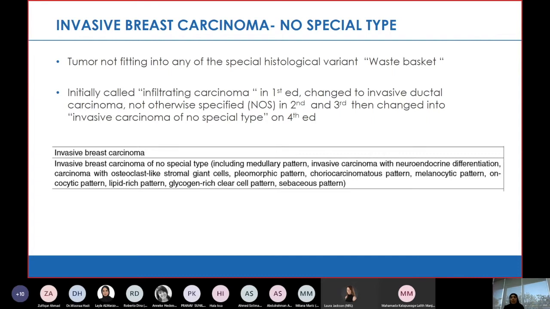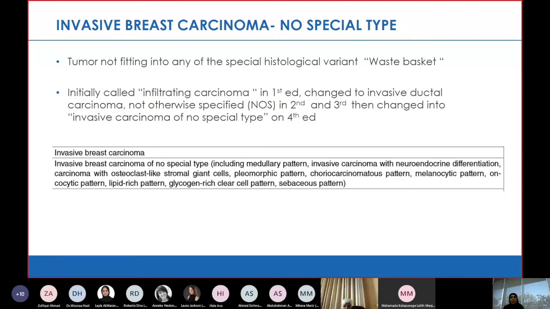When I recently changed to invasive breast carcinoma, no special type, I used to get phone calls from colleagues asking me where is the histological type. But I told them this is exactly what we used to call invasive ductal carcinoma, NOS. Strangely, this terminology was changed in the 4th edition to invasive carcinoma of no special type, but for some reason, we still continue to use invasive ductal carcinoma, NOS.